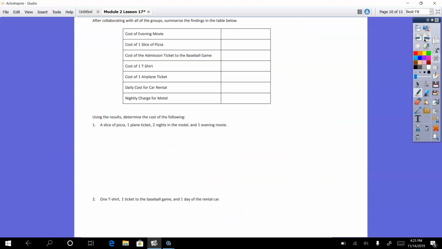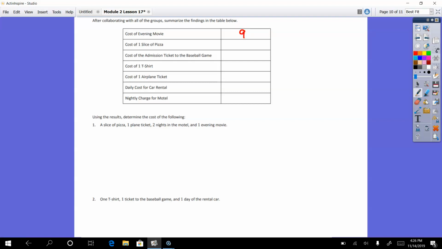Okay, after collaborating with all of the groups, so all of the things that we just did, we're going to fill in the paper below. So cost of 1 slice of pizza. So I'm just going to go back and look through rather than flipping our pages. Let's see, how much did a slice of pizza cost? Oh, nope. Cost of an evening movie was $9.